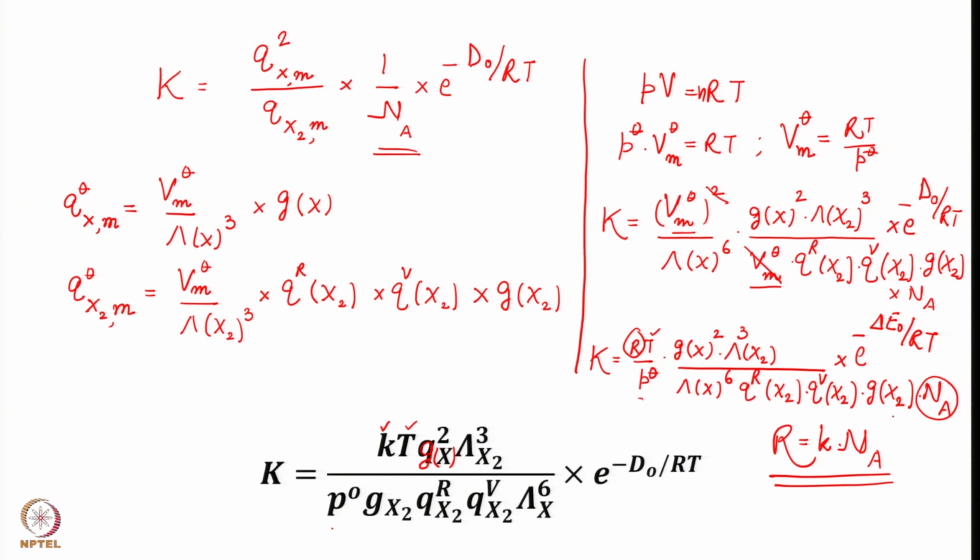Then you have Gx2 is there, Qrx2, Qvx2, lambda x6 and into exponential minus d0 by RT.